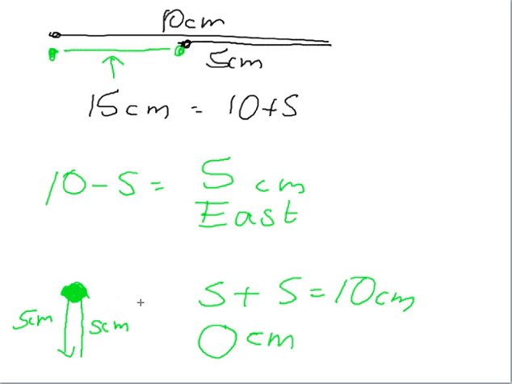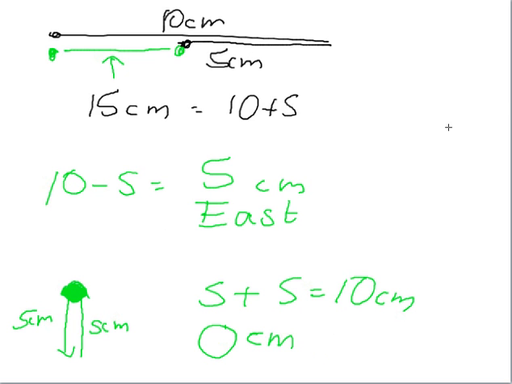So his displacement is nothing, because he didn't really move. He ended off at the same place he started. And as he didn't move anywhere, there is no direction. Okay? So that is the difference.